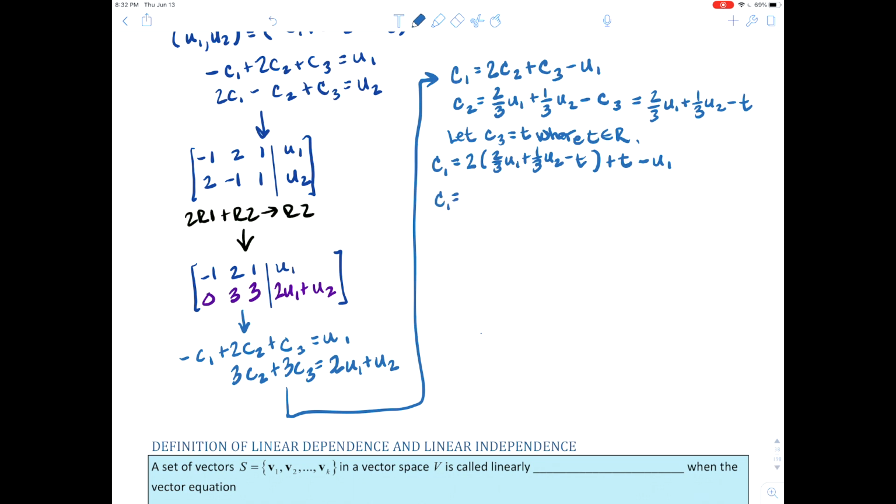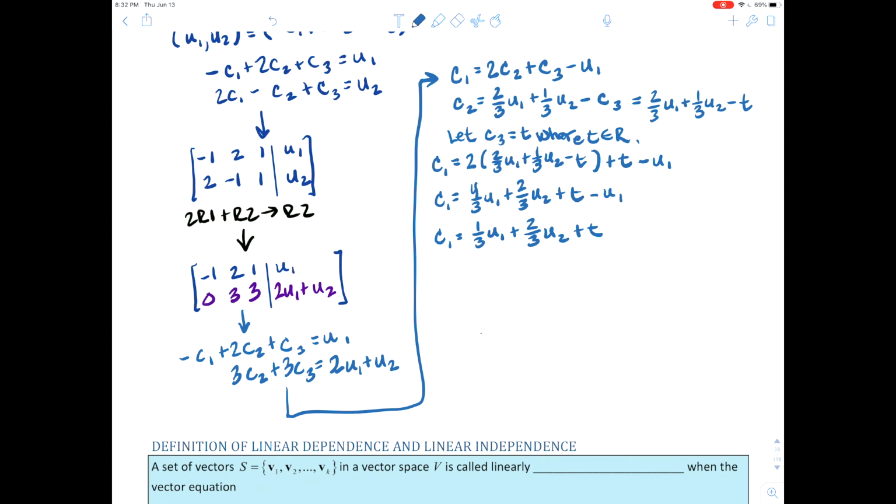So we'll get c1 is equal to 4/3 u1 plus 2/3 u2 minus 2t plus t would just be another minus t, and then minus u1. So combining the two terms that have u1, we'll get positive 1/3 u1 plus 2/3 u2 plus t.